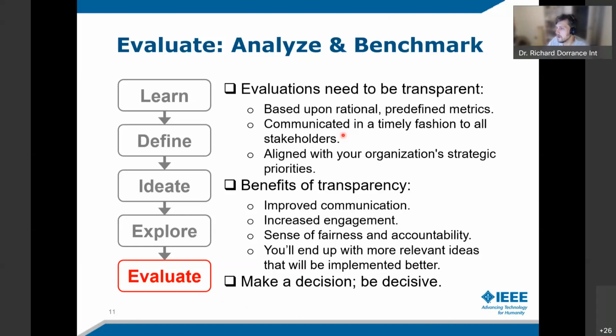And finally, the evaluation needs to be aligned with your organization's strategic priorities.